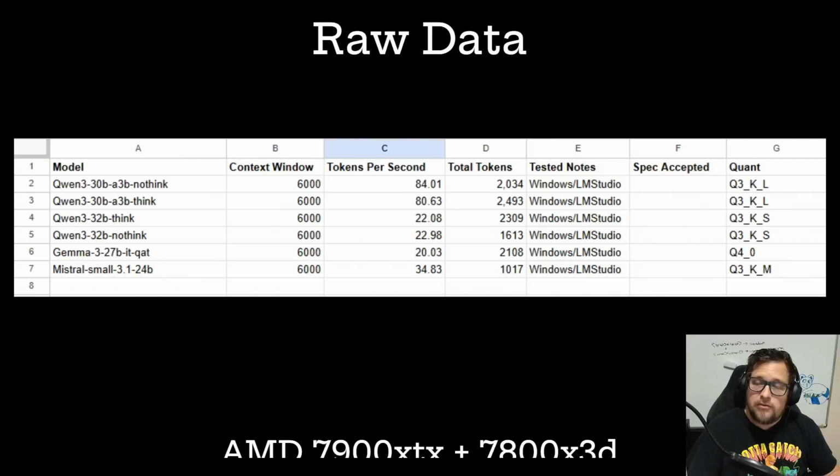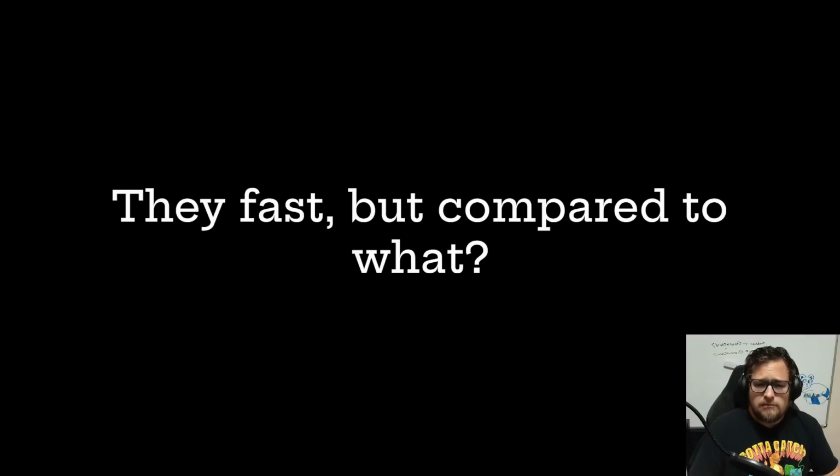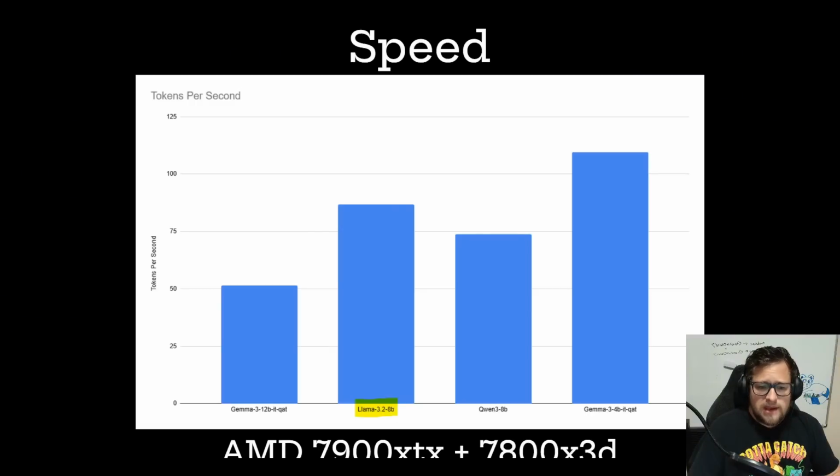I know when I was running Llama, I think it was a 3 billion parameter model, I can't remember if it was Llama, but I was running 3 billion parameter models. I think it was actually Gemma. I could get close to 100. So I got to thinking, what model size is this comparing to? And honestly, it gets about the speed of 8 billion parameter models. 12 billion on my computer gets a little over 50.